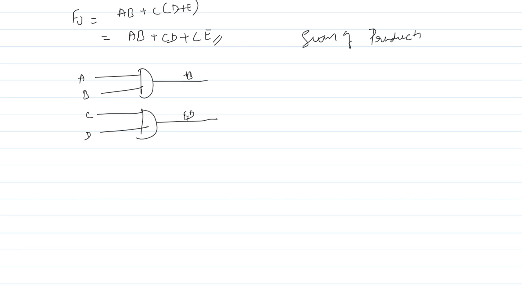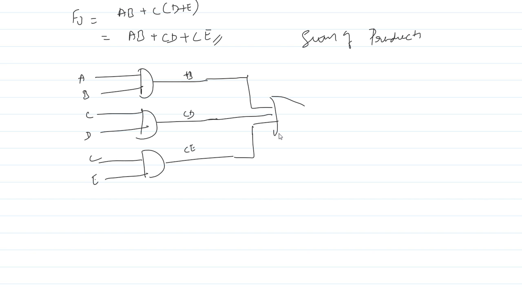This is again C and E, here you will get CE. Okay, if you add all these outputs to one OR gate, you will get the perfect F3 function. So I will write here F3.